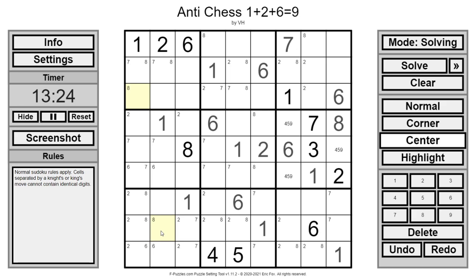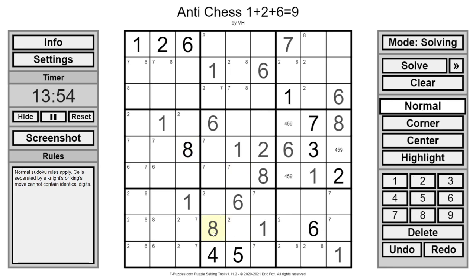Ah, that doesn't work anymore now. Why can this square not be an 8? Oh, because that 8 is the only one available in the row. Yeah, because both of those are being hit. Okay.